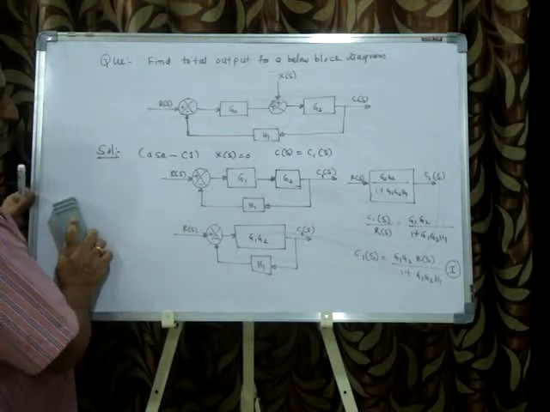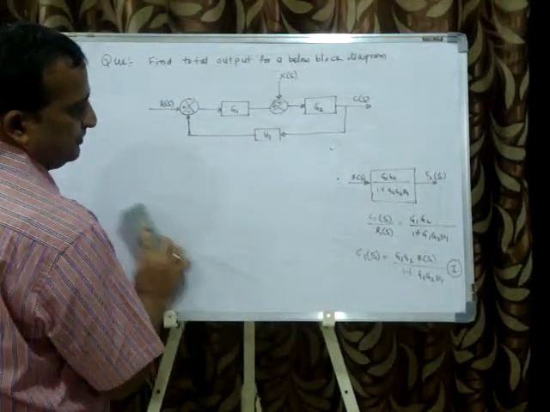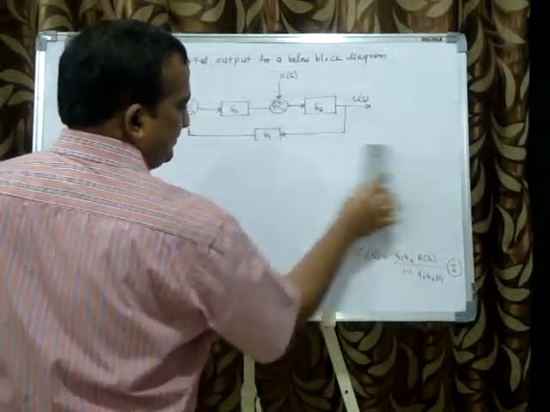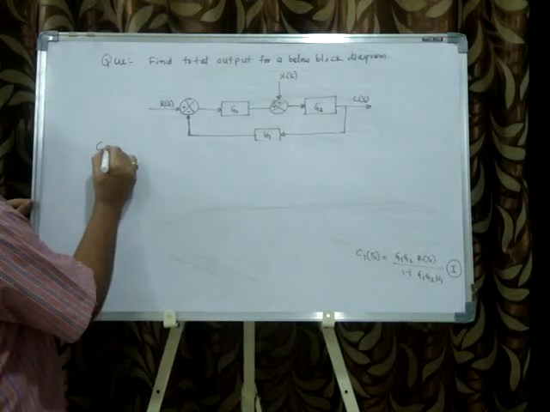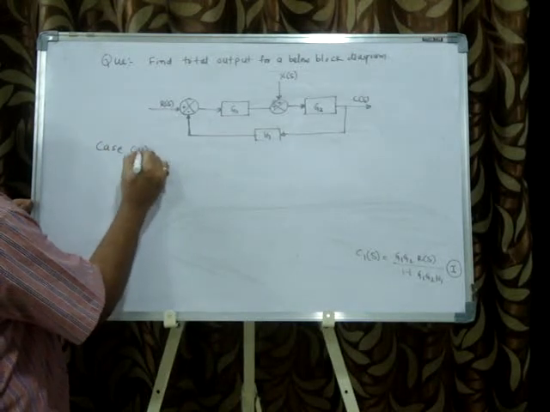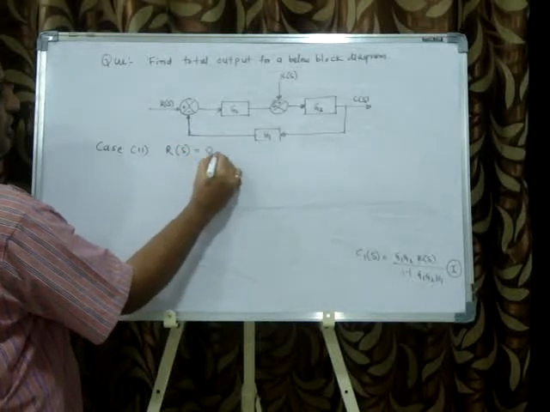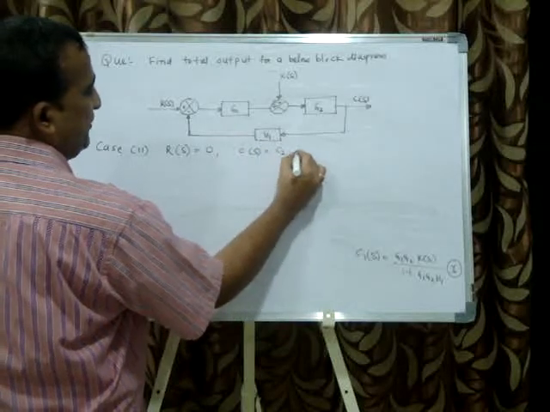Now case 2 problem. In case 2, what I'll do, this input I make, let this equal to 0, and whatever the C of s becomes, that is C2 of s.